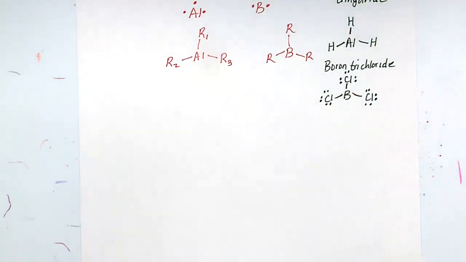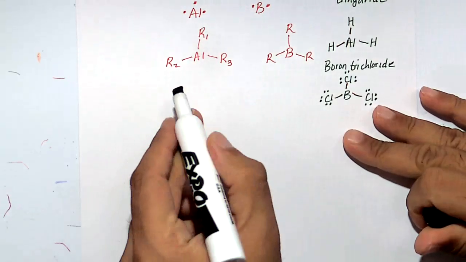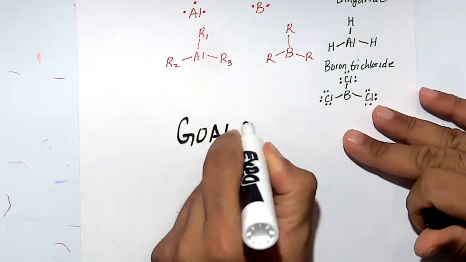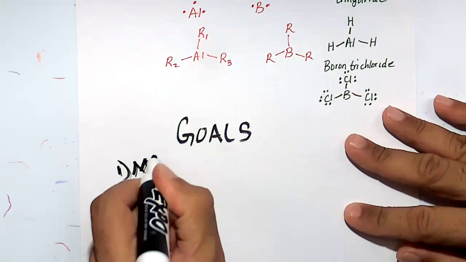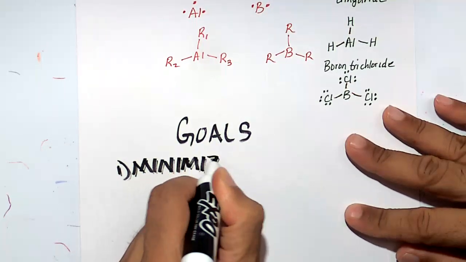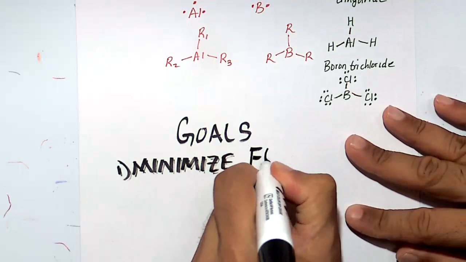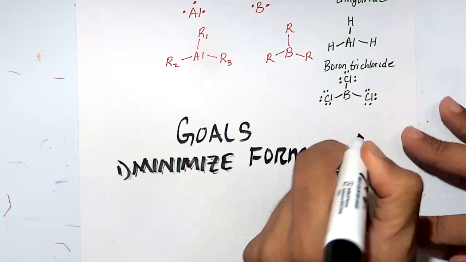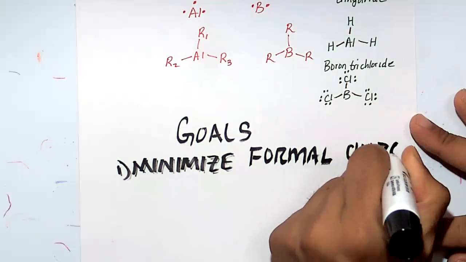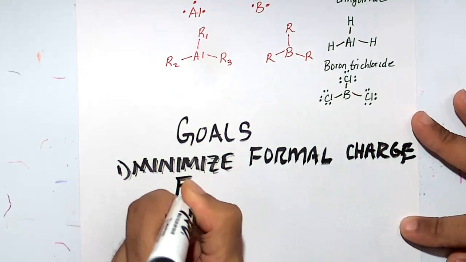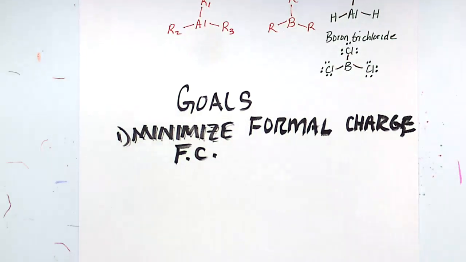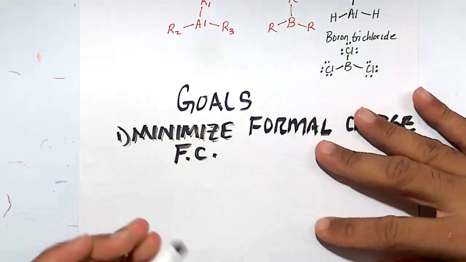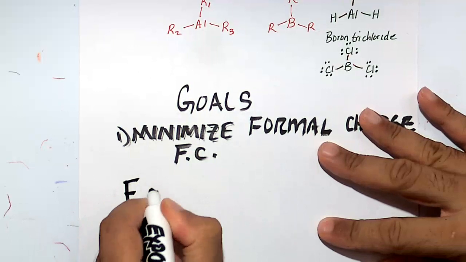So what's the point of all of this? Okay, goals. The goal in Lewis structures is, number 1, to minimize formal charge, FC.